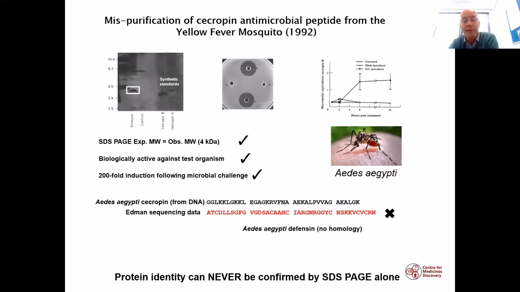You can never identify a protein by SDS-PAGE. Lots of people try and do this. You are gambling. Most of the time, you will be correct. A certain proportion of the time, it will be a completely different protein.